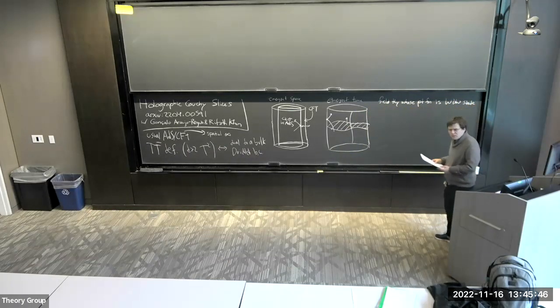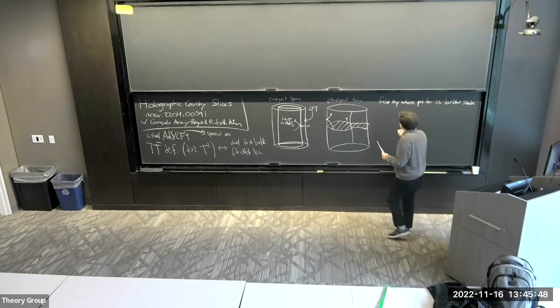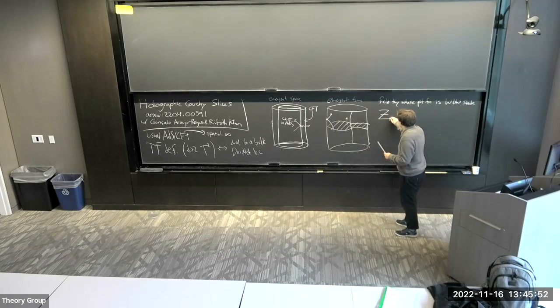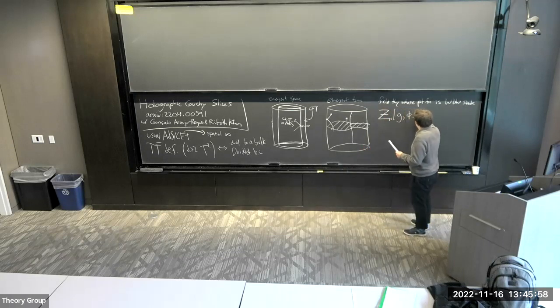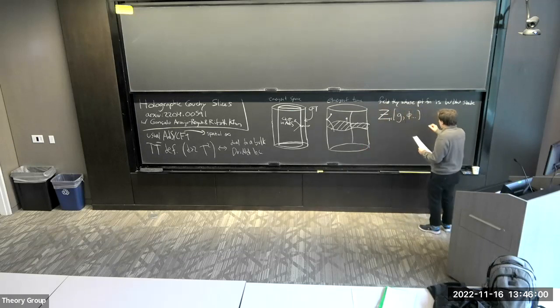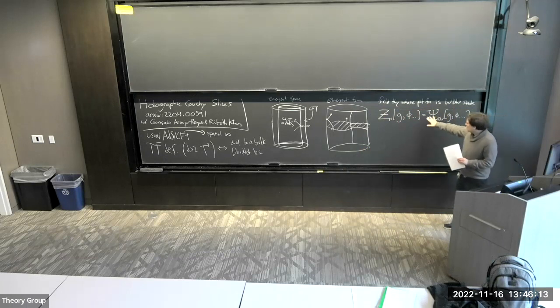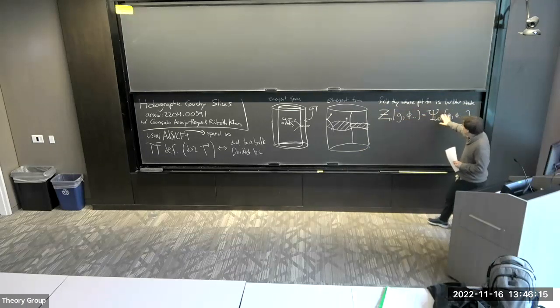So the fundamental equation that we're going for here is we have a partition function of this T-squared theory. I'm going to write it as a function of g and maybe some other stuff, is equal to a quantum gravity Wheeler-DeWitt wave function of g and maybe some other stuff. So at the level of the equation, we're saying that these are the same functions.